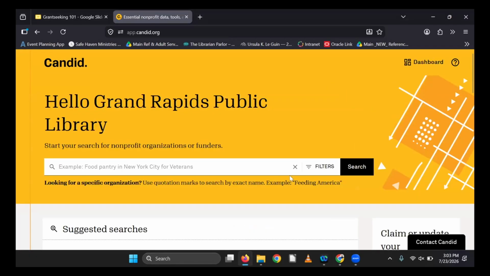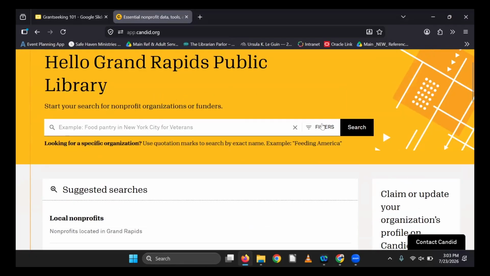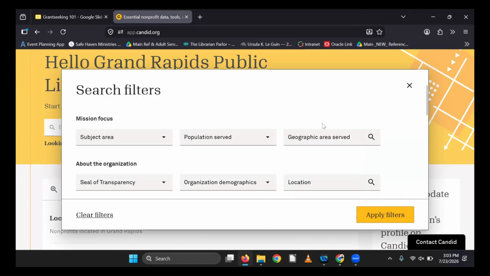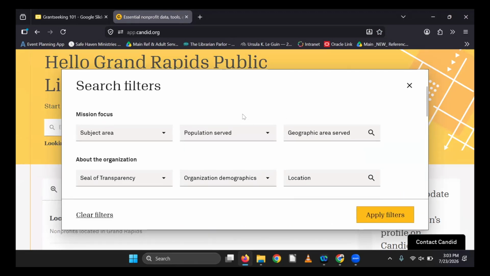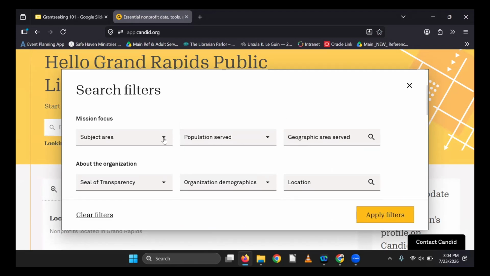So looking at this, we can see a bunch of different kinds of things that we can search in the advanced search function, right?